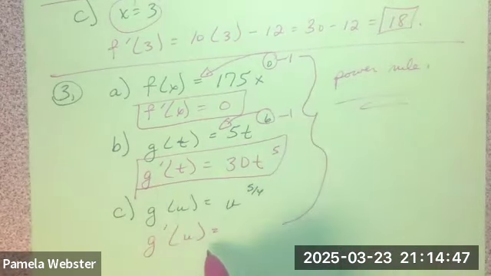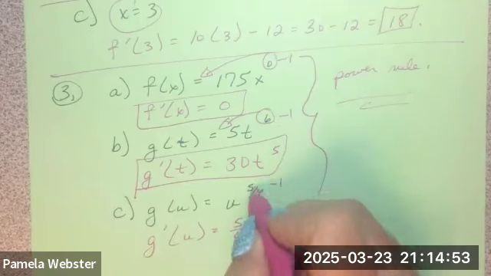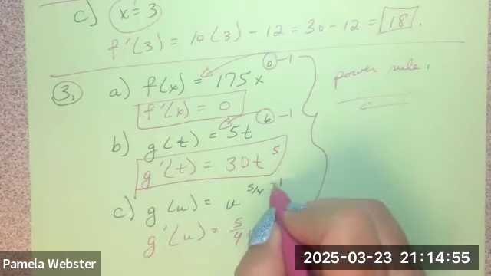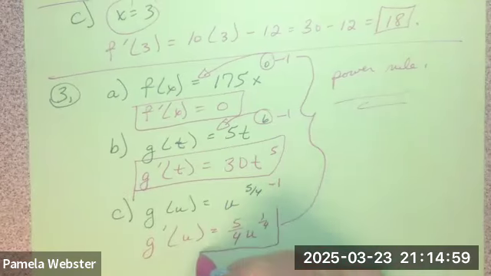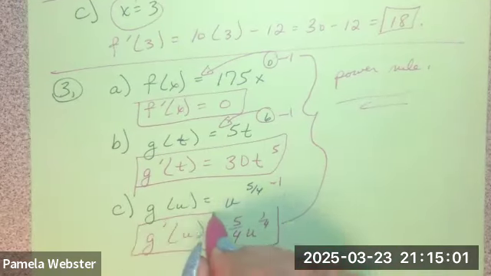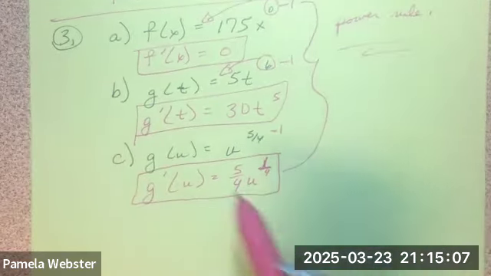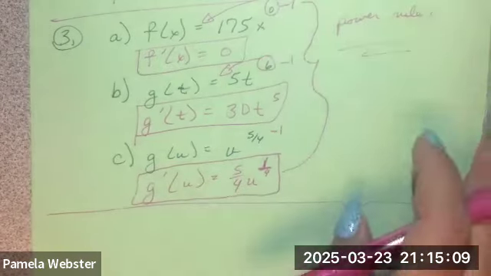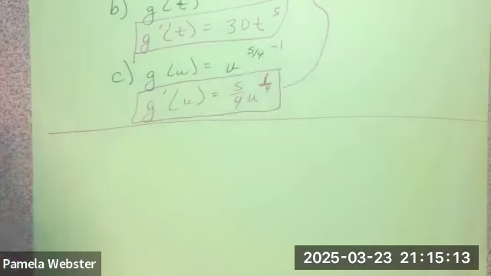Okay. g prime of u equals 5/4 u to the, subtract 1 from this guy. 5/4 minus 4/4 is 1/4. Notice that it stays positive there because 5/4 is a fraction bigger than 1. So when I subtract 1, I still have a leftover that's positive. All of those were power rules.